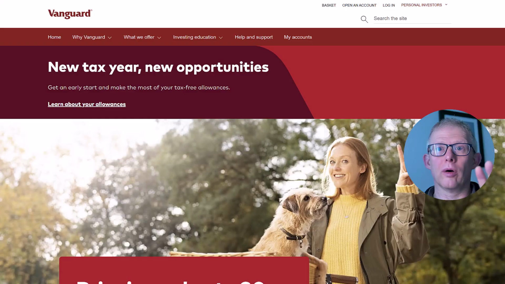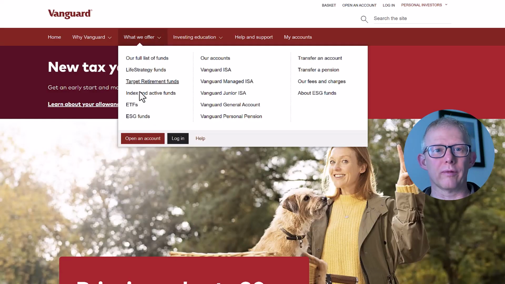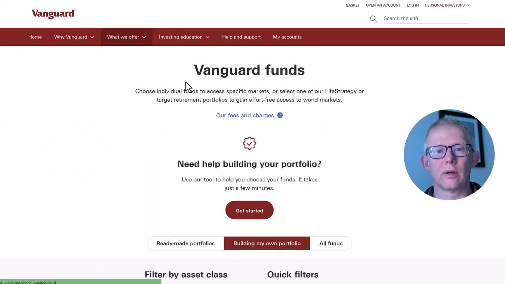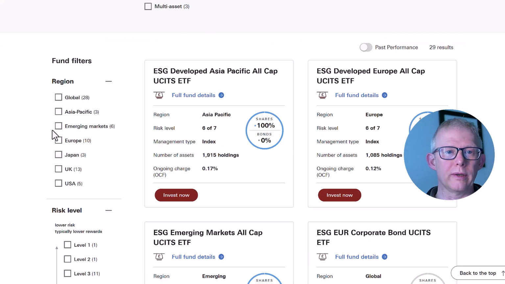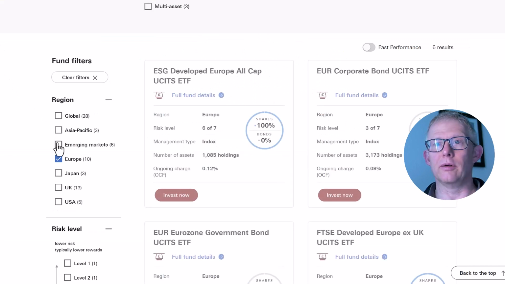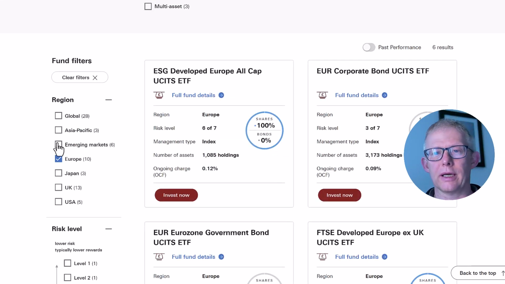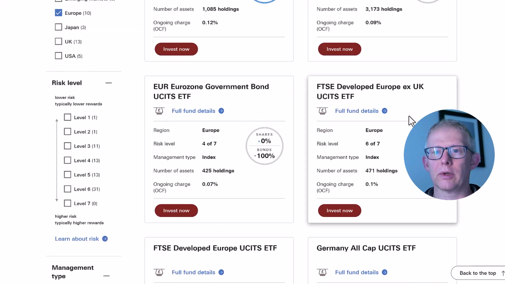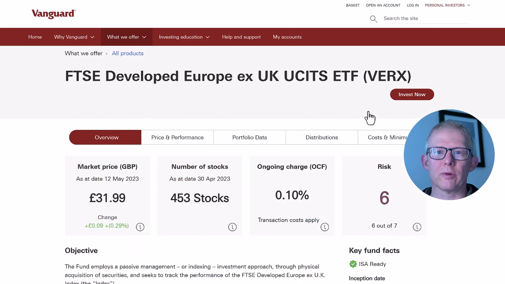vanguardinvestor.co.uk website. On the Vanguard website, we know it's an ETF. Once that loads up, we know it's in Europe. There are 10 European ETFs that they have on the website, and then we're looking for the Developed Europe ex-UK ETF. When we jump through the list, we get some of the overview data, the ticker symbol VERX for this ETF.